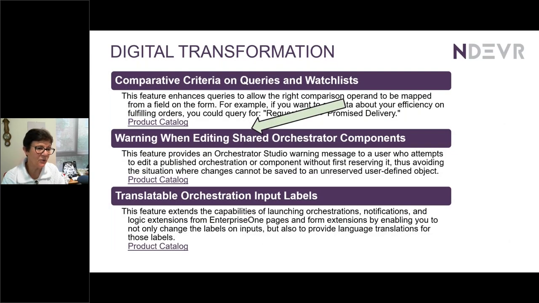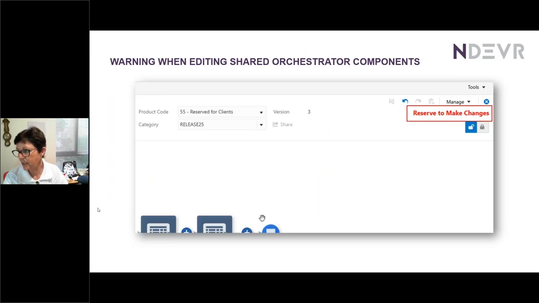Anybody who's worked in Orchestrator will appreciate this enhancement. So this just warns you if you are going to try and change a component that's still reserved. So basically, if you make any change in a shared Orchestrator, it will come up with this message that says reserve to make changes.